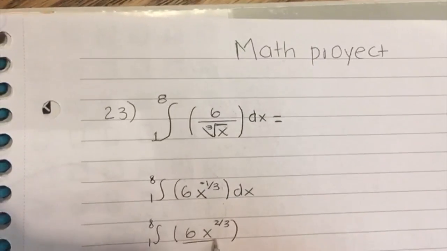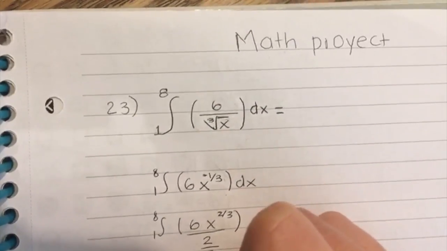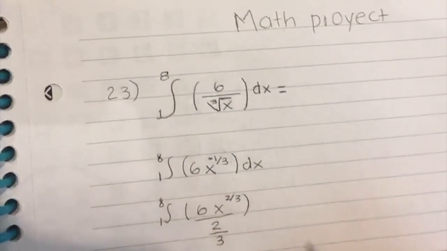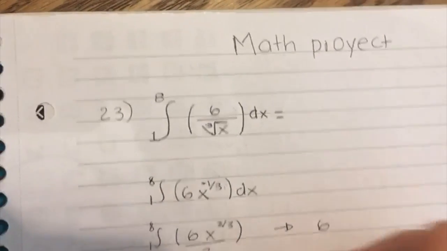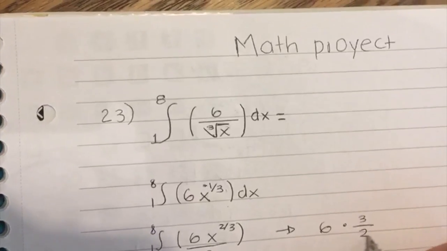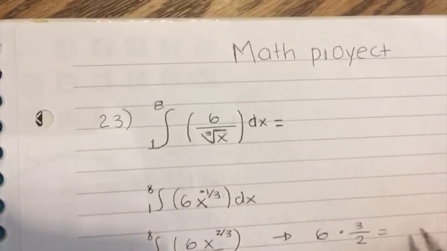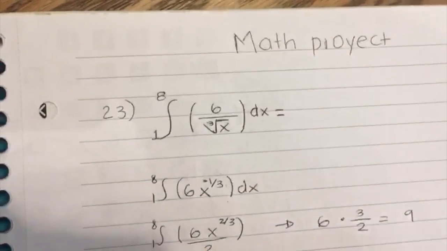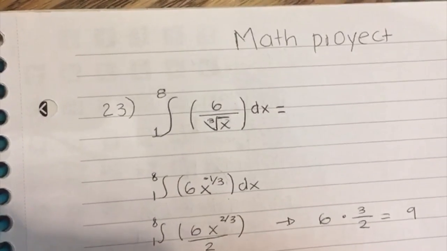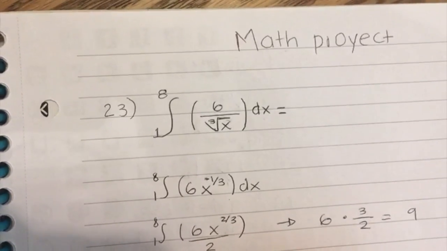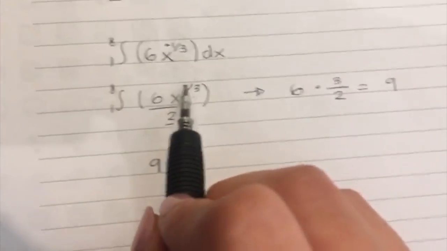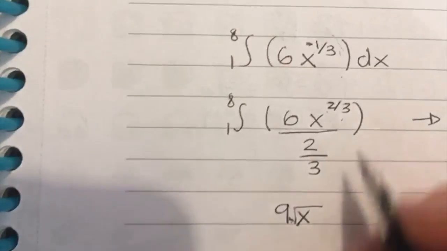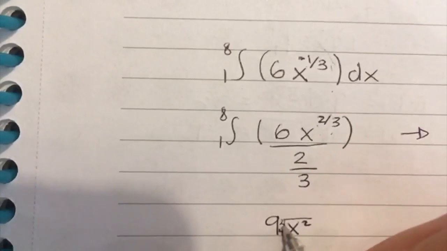And then I am going to put the 2/3 down as well. So the easy way to do this is by multiplying the 6 times the reciprocal, that is 3/2, and this equals 9. So I am just going to put the 9 here, the x to the power of 2/3. I am going to put that in square root form. So the 2 goes here and the 3 goes here.